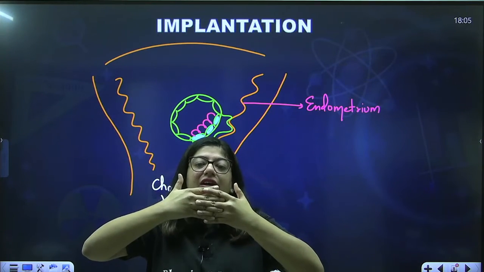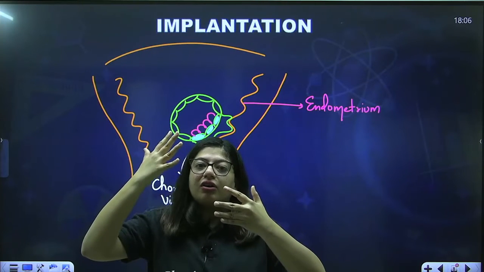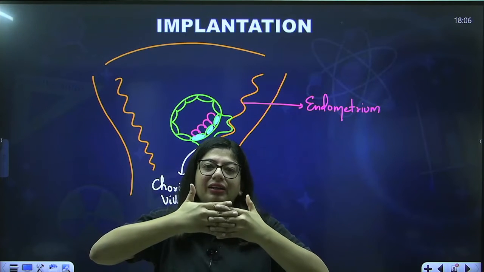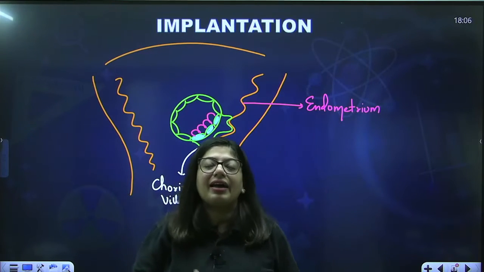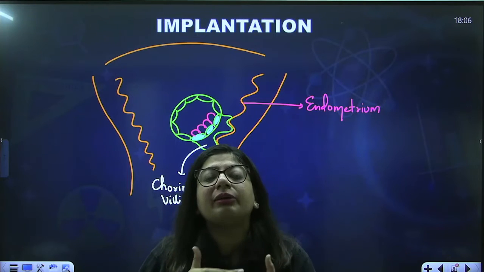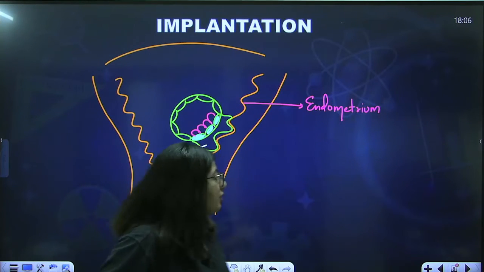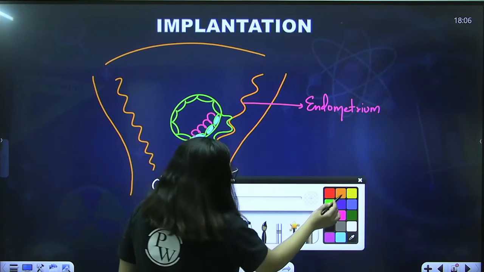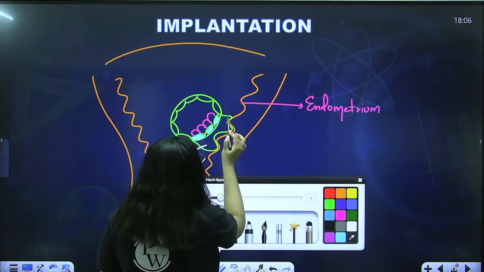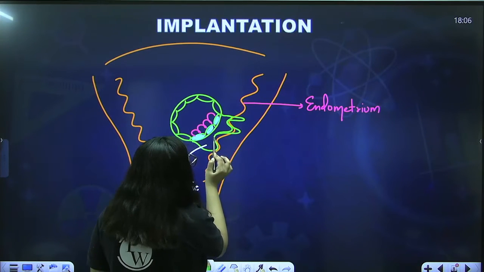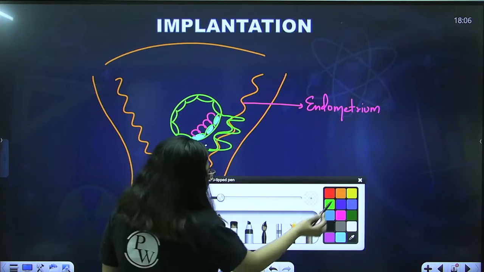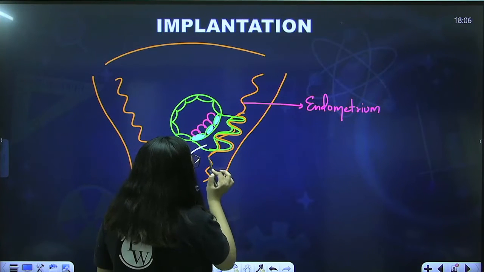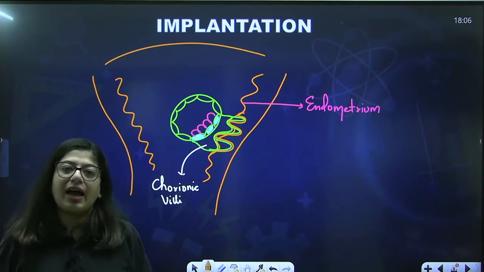And hence you say the blastocyst, with the help of its villi, has embedded in the uterine wall, and this process is known as implantation. After the villi have secreted a lot of enzyme, it will move inside the endometrium and make spaces like this, and hence we say implantation has taken place.